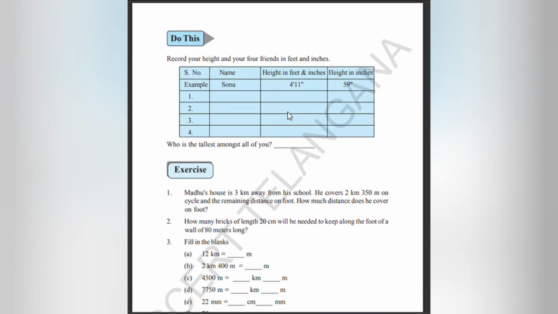Record your height and your friend's height. You can write some other name. I will write one example. Ajit. What is his height? His height may be 4 feet 8 inches.